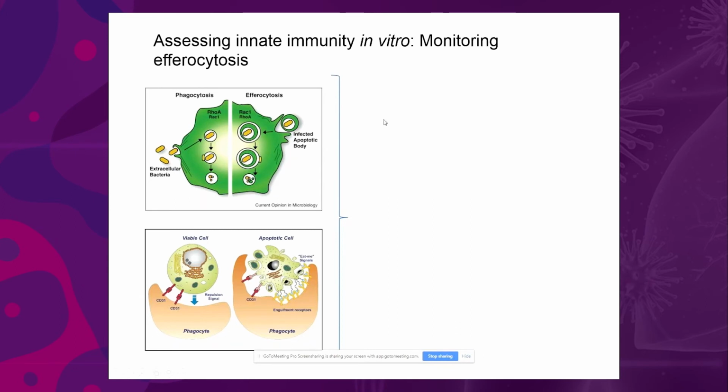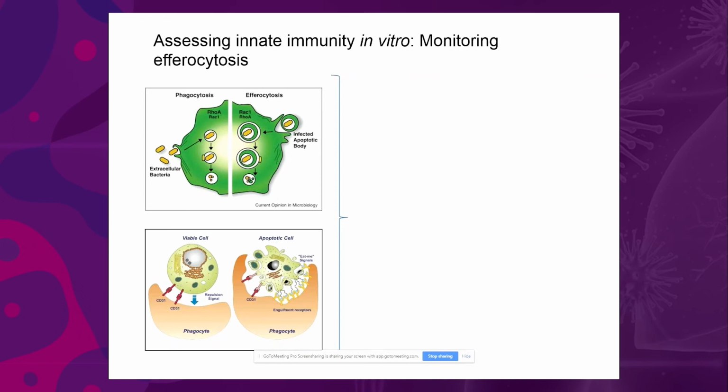Another important assay that I could not omit has to do with a different aspect of innate immunity. I talked a lot about the activation of the innate immune response and how important that is to activate inflammation. However, innate immunity is also very important for shaping its resolution.